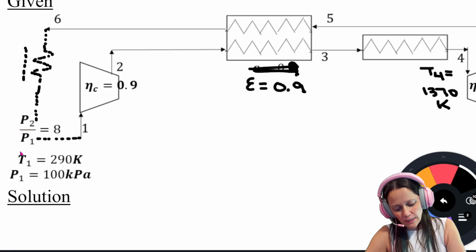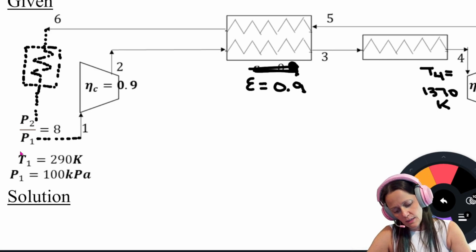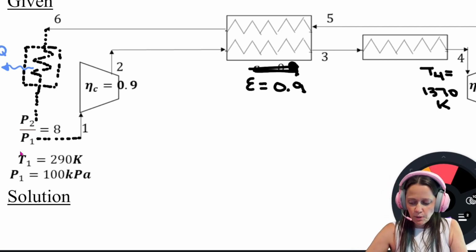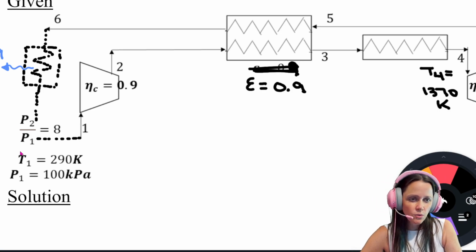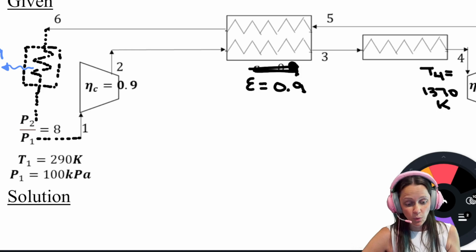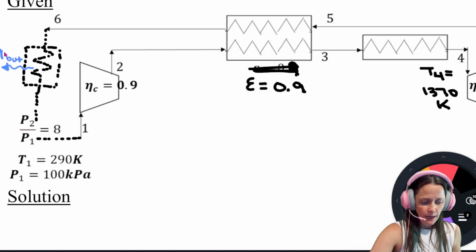So we're modeling the exhaust process as a constant pressure heat rejection process. I'm going to write this not as Q dot, but as Q out, because I don't think I actually have enough information to find a Q dot. I don't actually know a mass flow rate, so I'll write this as Q out.